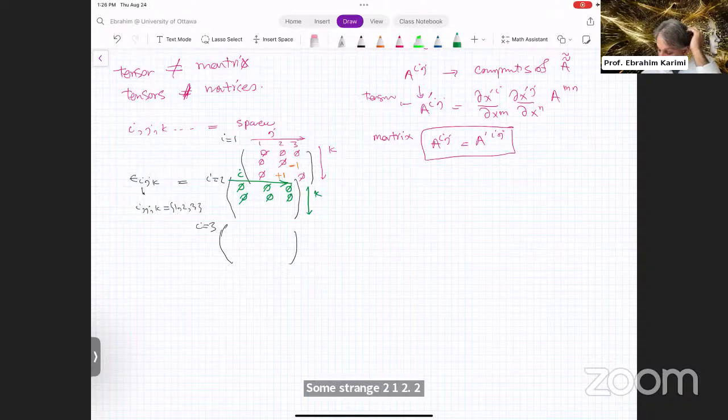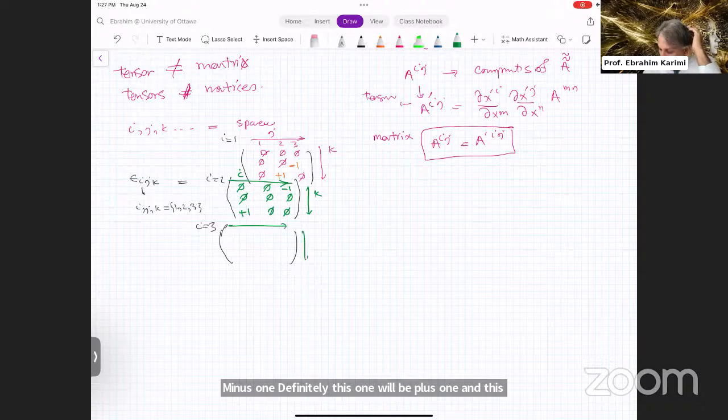Okay, I think that is 2, 2, 2, 1. That will be 2. J is 3, K is 1. 2, 3, 1, that will be -1. Definitely that one will be +1, and that will be 0, 0. And sorry, guys, it takes time because I have to do the calculation.